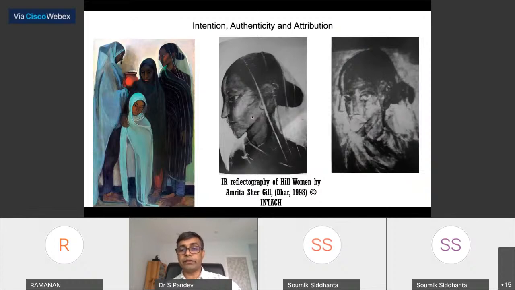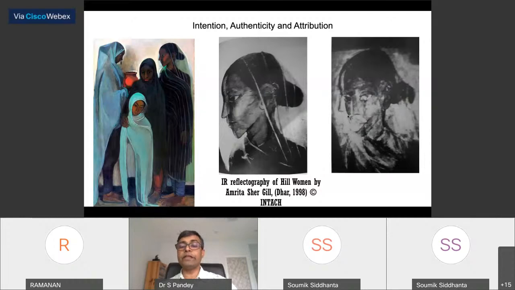And if you see this painting, the infrared reflectogram showed that the artist had made changes in this painting. The portrait of this girl was, this is the painting now, this is the painting at that time. So he initially painted the face slightly facing towards the front, but then the artist changed the idea of painting the portrait as it is in the painting now.